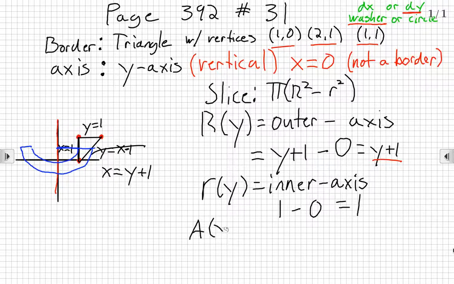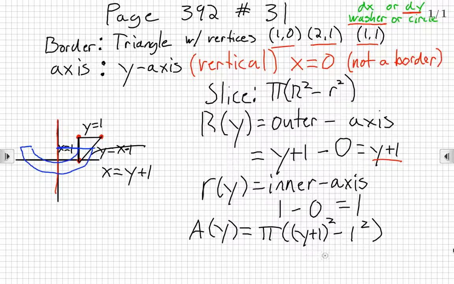Instead of big A of x, we have a big A of y. And we still just want to take A and substitute in big R, which is y plus 1 squared, minus little r, which is simply 1 squared.